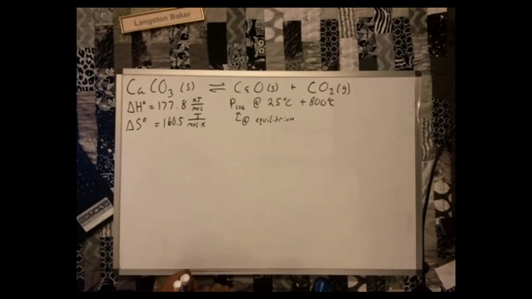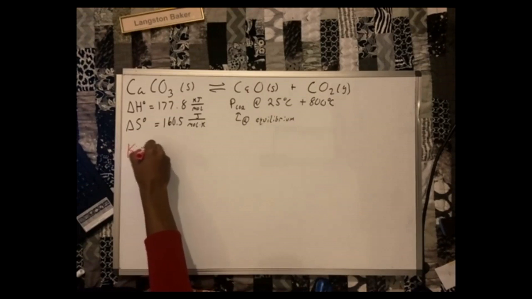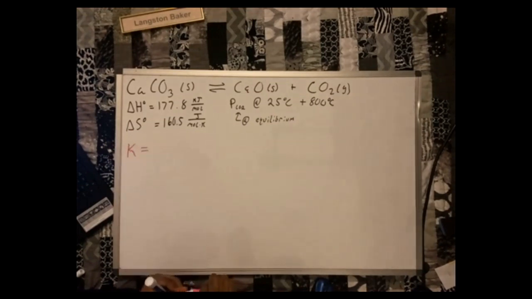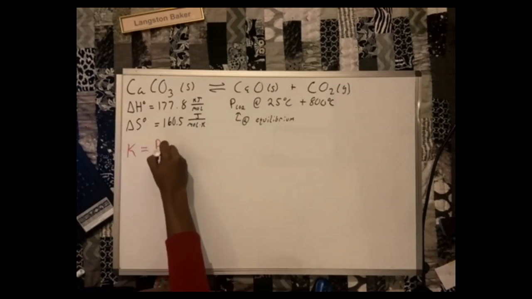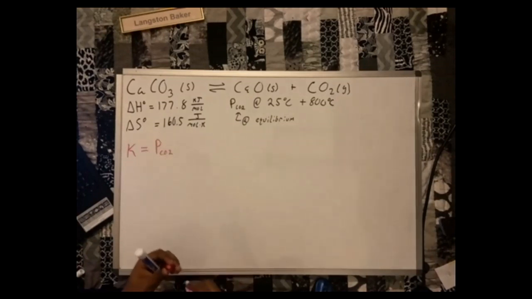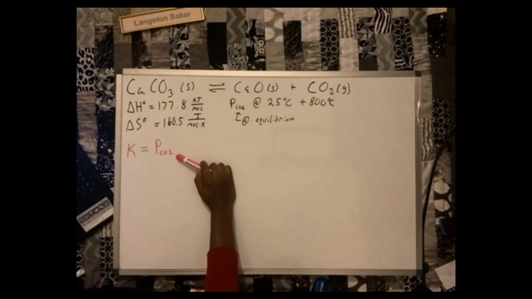So, all right, if doing equilibrium stuff, we probably want to know what K is. So what's K in this case? What's my K expression? We did a similar example last time. So CO2, yeah, right. It's the pressure of CO2. Those two are solid, so it doesn't matter. So my K just boils down to my partial pressure of CO2.